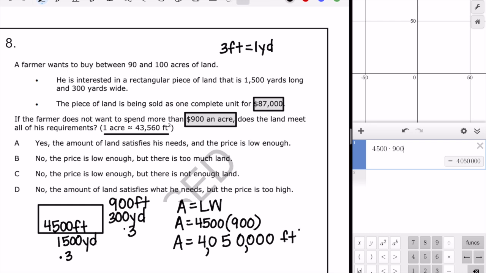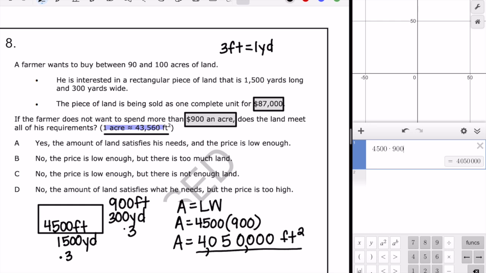So that's feet squared. Now, it tells us clearly that 1 acre is this many feet. So I need to figure out how many acres this land is. Once I know how many acres it is, I can divide it by the price, and then I know if he's spending what he wants to spend on it.